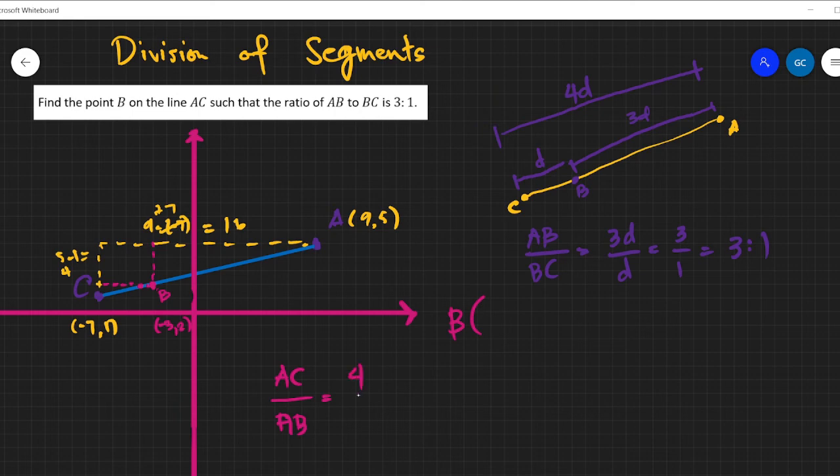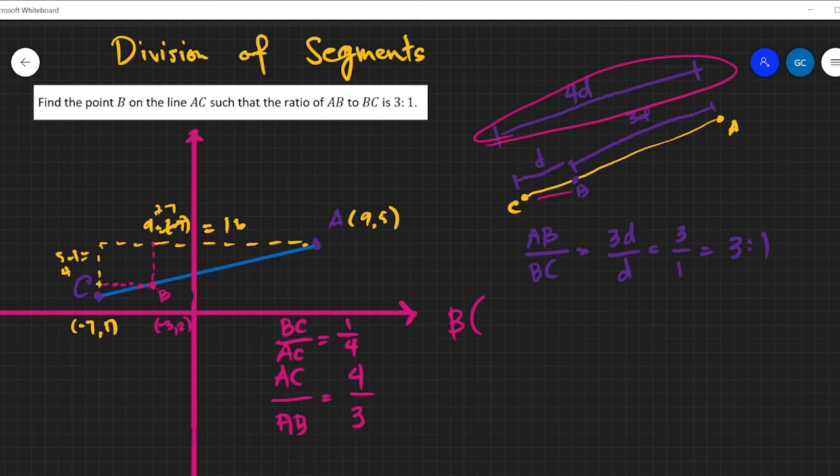So this will be 4 and this will be 3. Meaning to say, if we have BC is to AC, this is actually 1 is to 4. So that will be BC. This one will be BC. And the whole AC will be our 4.